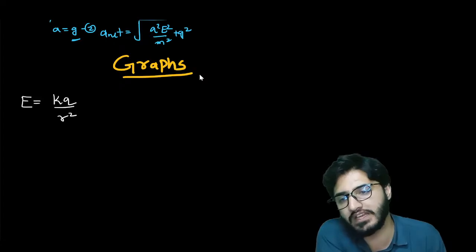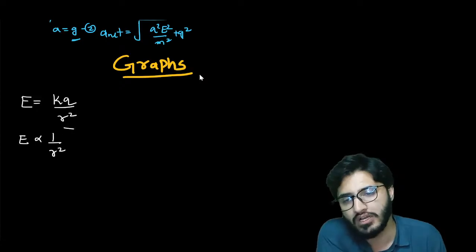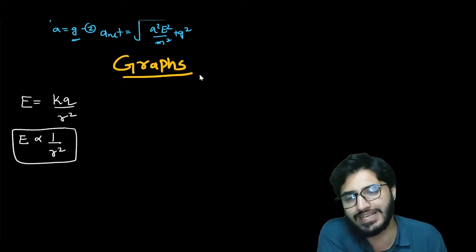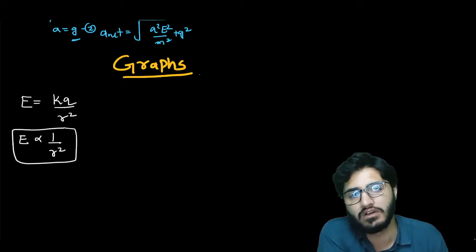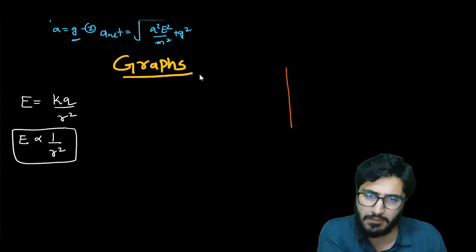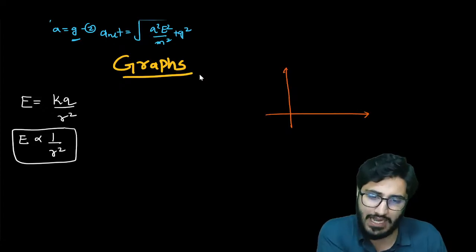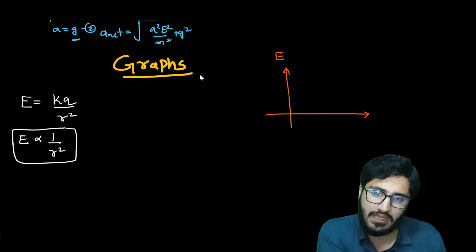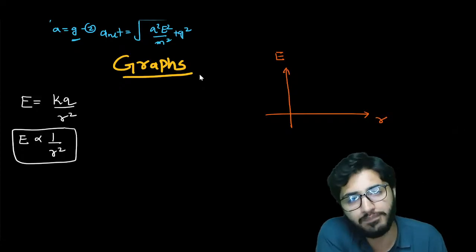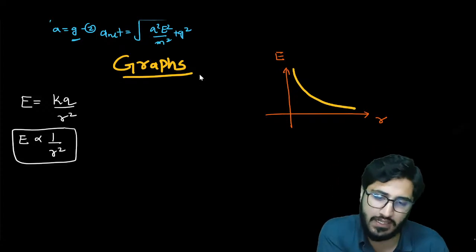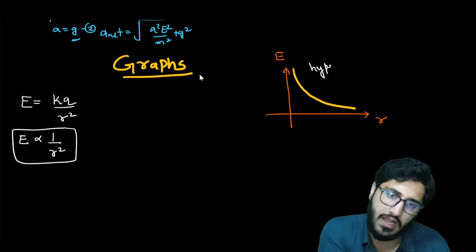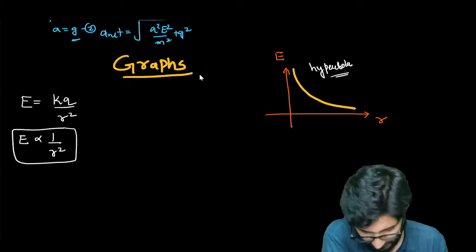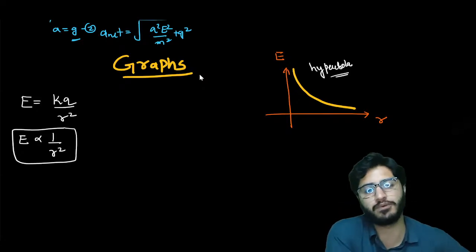From this equation, the electric field is inversely proportional to R squared. So this equation clearly gives us the idea of how to draw a graph between electric field and distance. It would be a hyperbola.